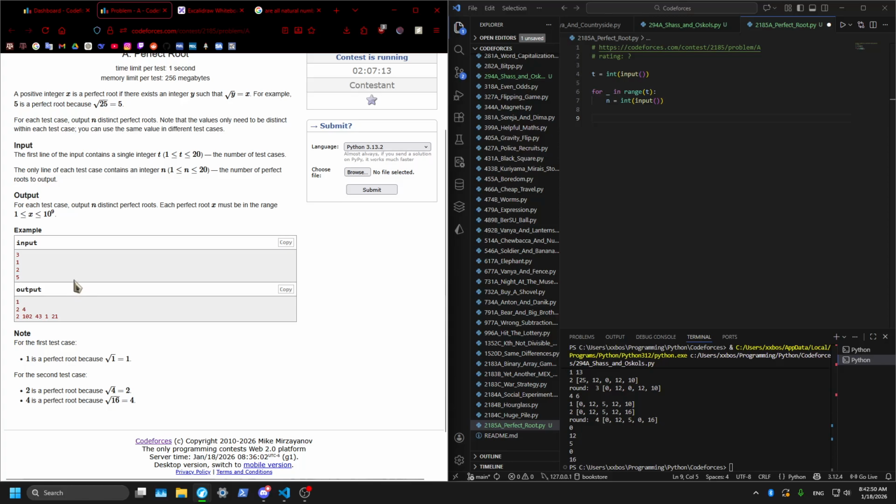I don't understand. One is a perfect root. 2, 4.